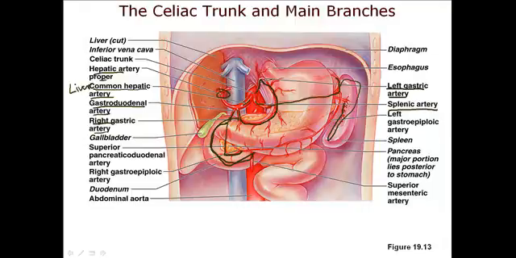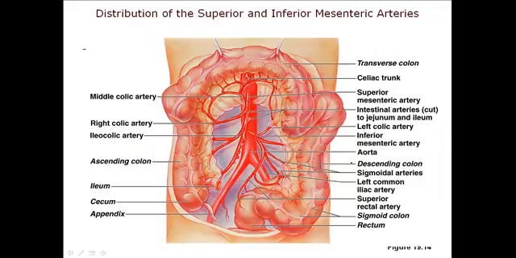What else do we have? Off of the splenic artery is this left gastroepiploic artery here. And then the superior mesenteric down here. If we lift up the transverse colon and take a look under its skirt, here's the superior mesenteric artery.